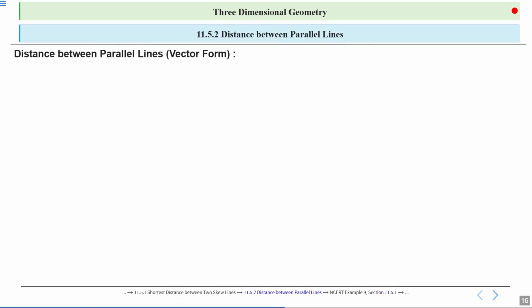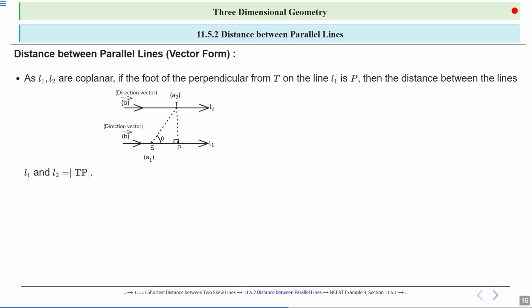Now we are starting our discussion on the distance between parallel lines in three-dimensional geometry, focusing on the vector form. Now let's look at the diagram. If L1 and L2 are coplanar parallel lines, and we drop a perpendicular from point T on the line L2 to line L1, the foot of this perpendicular is point P. Now let's introduce some vectors.